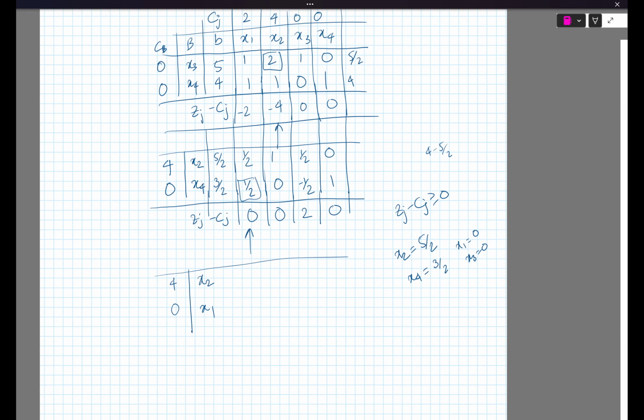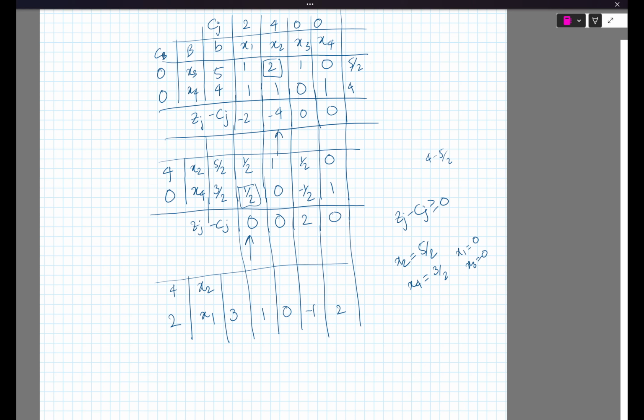So 5 by 2 minus 3 by 2 will be 1, 0. 1 and half minus half will be half minus minus half, that is 1, and 0 minus 1 is minus 1.